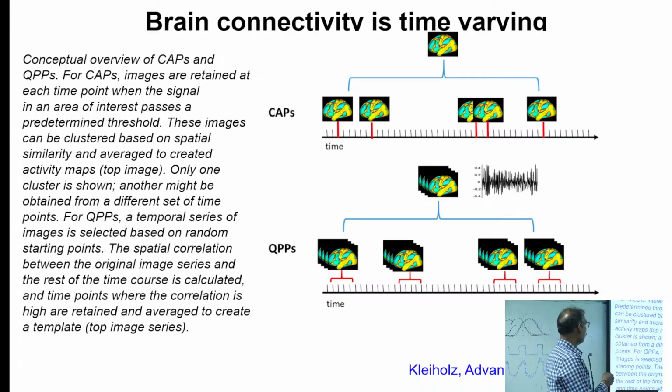With CAP analysis, you take one data point and then you find images in the time series that would match, right? So it is done on one data point, and one can see how the profile is. In QPP, you look at the quasi-periodic structure of the data and then try to infer how this changes as a function of time. Again, in both cases, we are looking at the dynamic structure of the data.